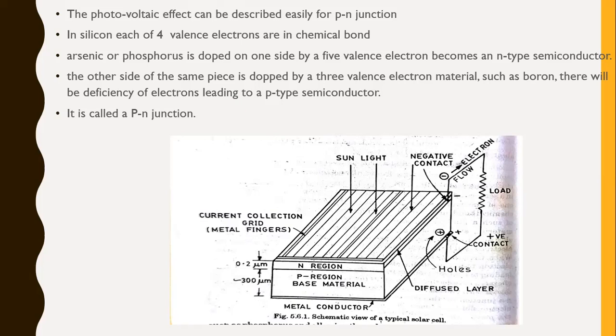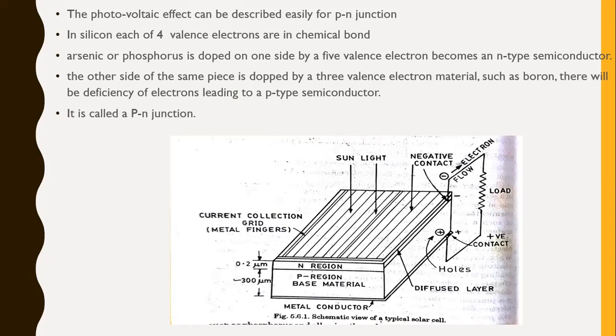So on the silicon, one side is n-type and the other side is p-type. In p-type there is a deficiency of electrons, and in n-type there are extra electrons. This deficiency of electrons is expressed in terms of an excess of holes.